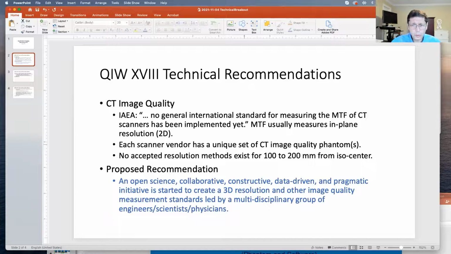And so the first question here is, does this group agree that we should try to come up with, we as in globally, the community, should try to come up with a three-dimensional resolution image quality standard?